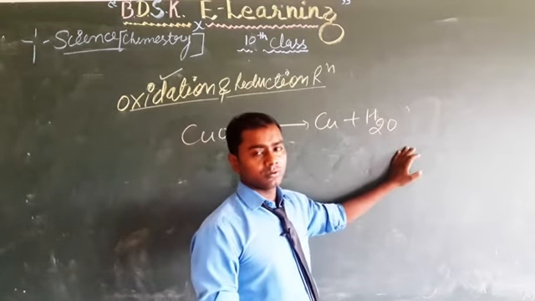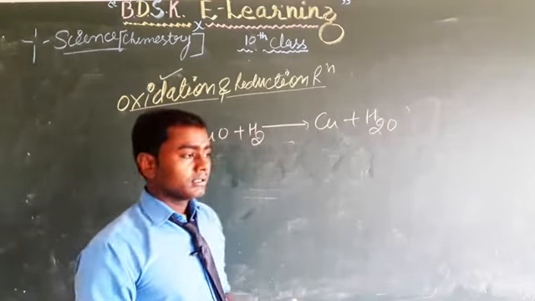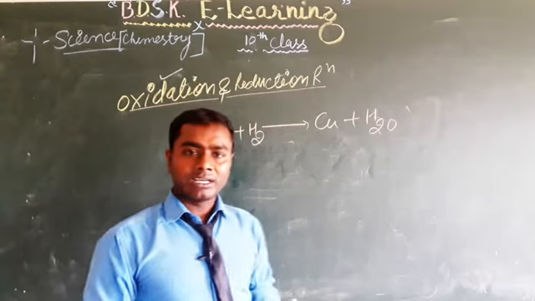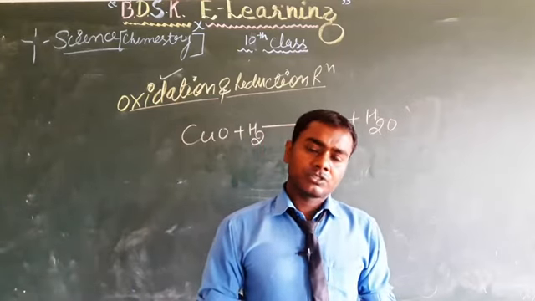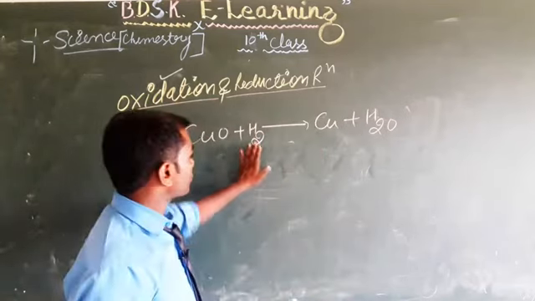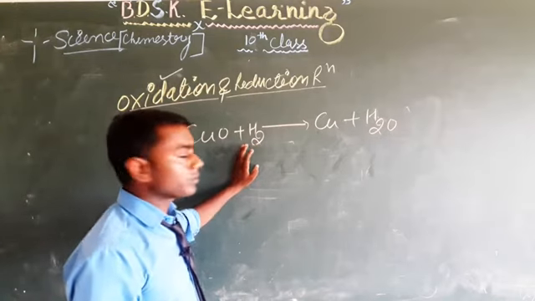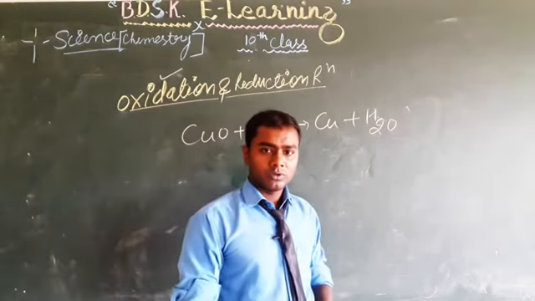Okay, on the other hand, H2 changes into H2O, meaning that the addition of oxygen takes place in H2, which forms H2O. According to the definition, the addition of oxygen is called oxidation. So, you can say that H2 is oxidized into H2O.